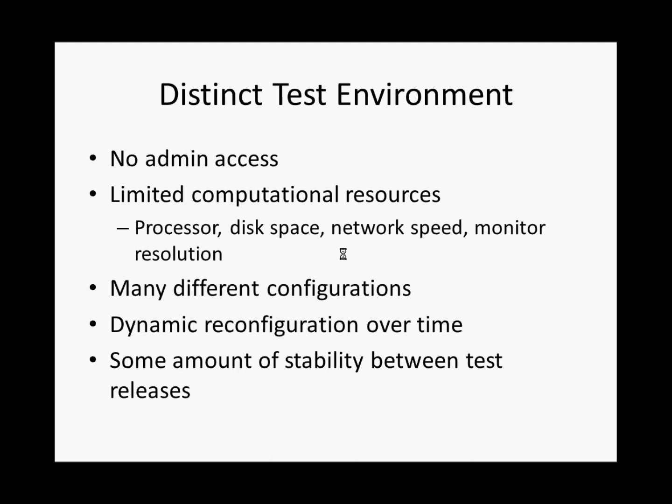Okay, so a final thing though here is, when you're thinking about test releases to the test team, don't assume that the test team should always just be using the latest build. Often the test team will want to have a stable code base, stable for at least several days, on which to run a suite of tests.